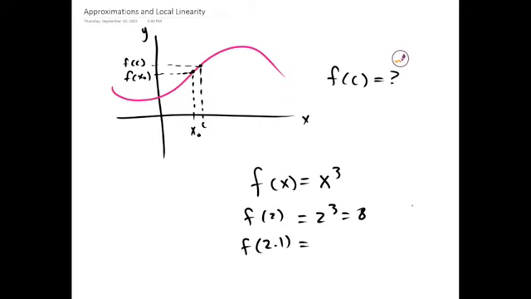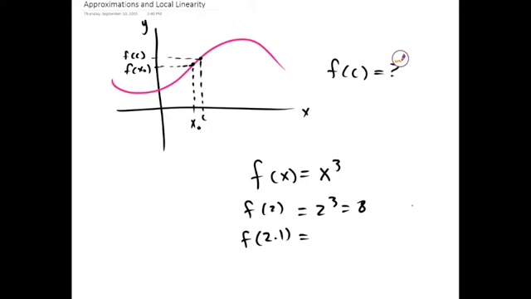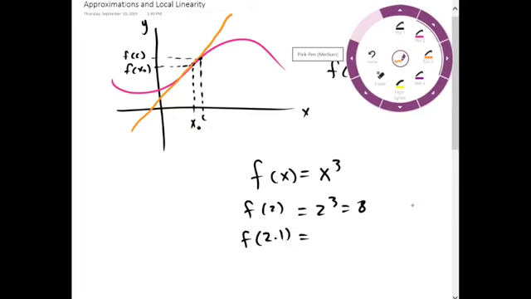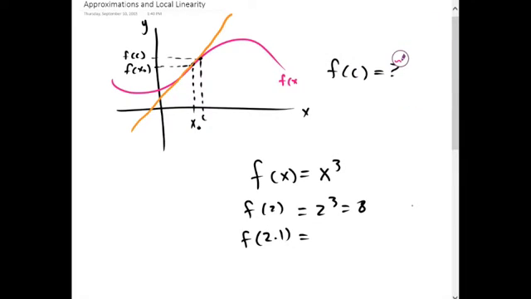Anyway, what we're going to do is construct what we call a tangent line. Let me label some of these things. This is f of x.